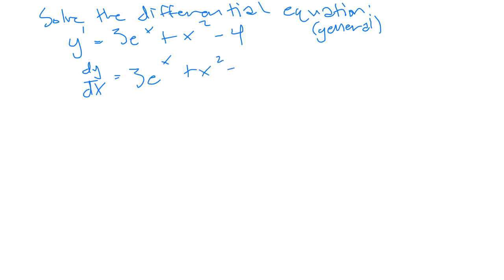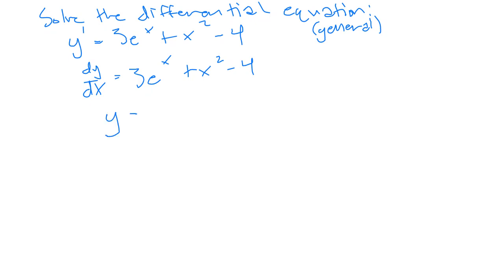Now we have to take the antiderivative of both sides in order to figure out what y is. If we take the derivative of y, we get y prime or dy dx. So if we take the antiderivative of dy dx, we get just plain y.